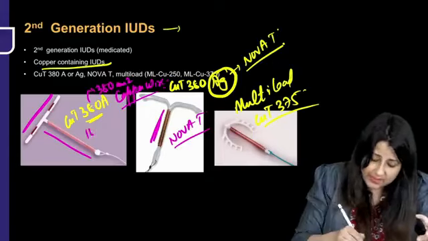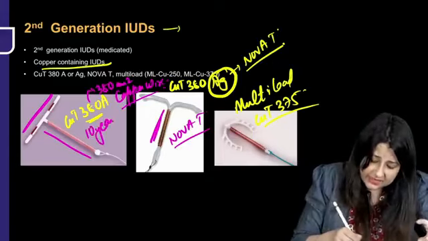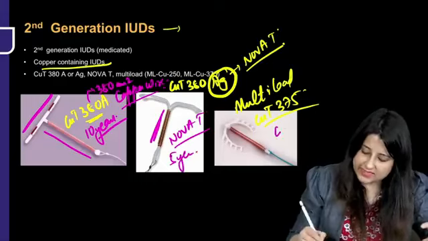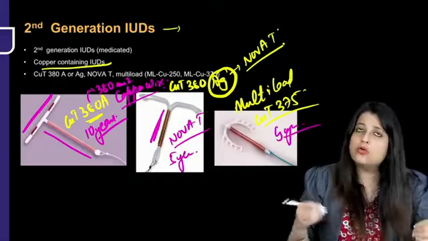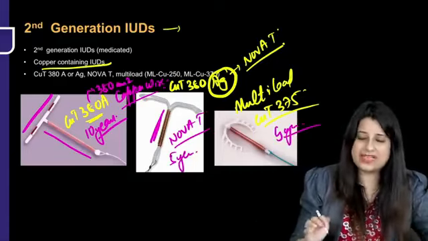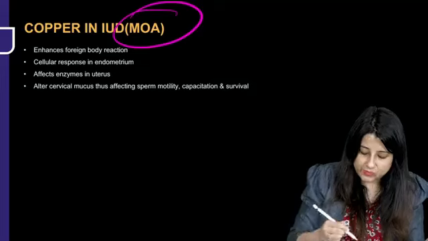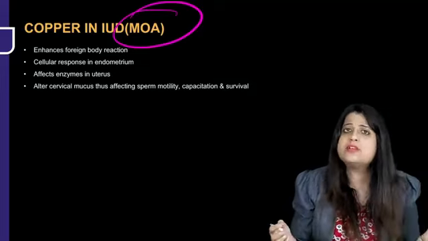Copper T380A has a shelf life of 10 years. Nova T is 5 years, multi-load also 5 years. Nova T may extend up to 7 years, but technically after 5 years it should be changed. A question can come: what is the advantage of copper? Why did we add copper?